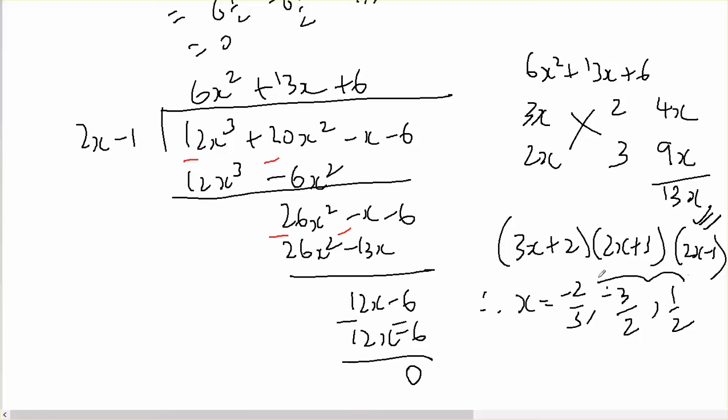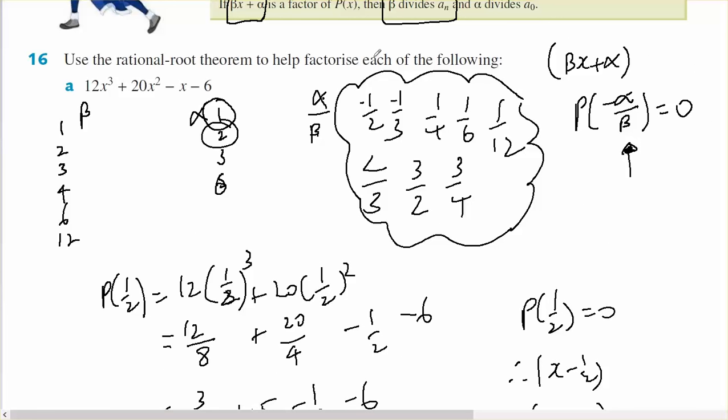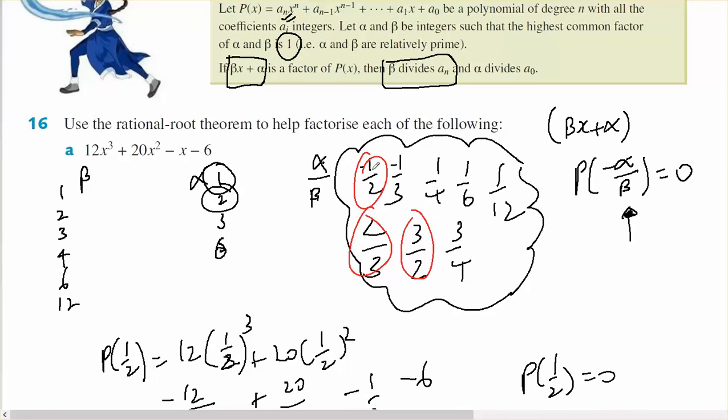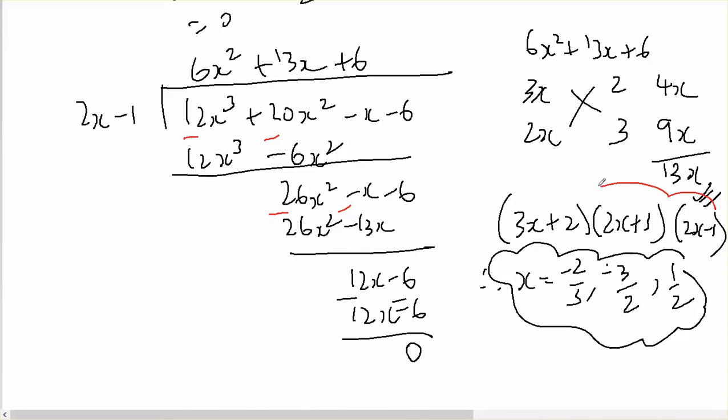Notice that none of my solutions were whole numbers, and that the 2/3 and the 3/2 were also numbers that were obtained using the rational root theorem. The question says factorise. So my answer will be that they're the factors.